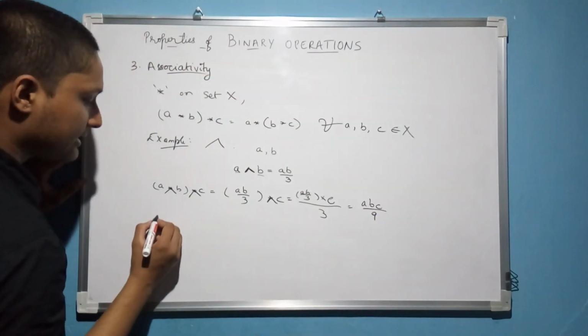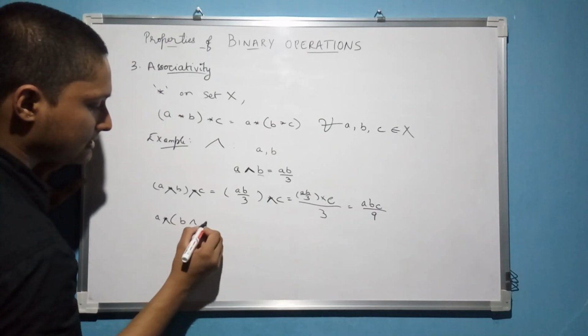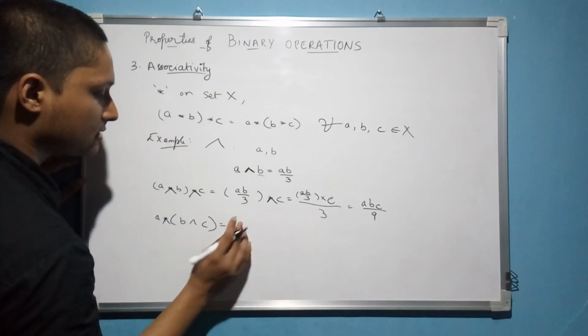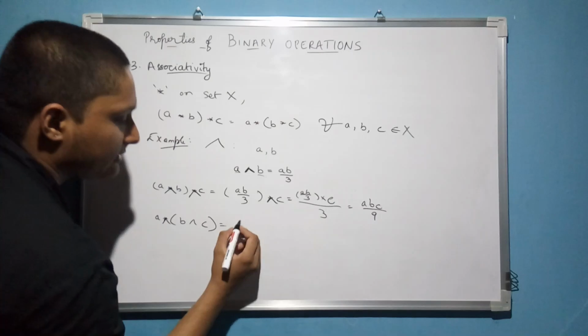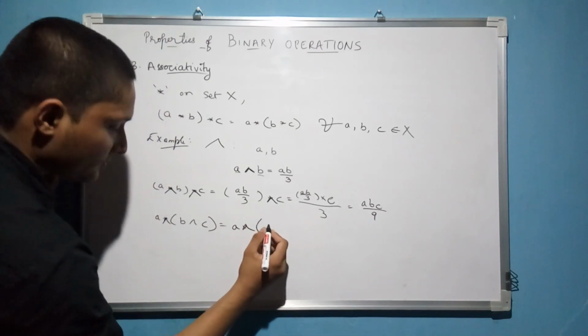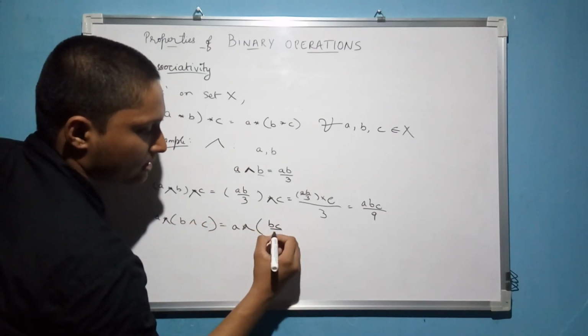Let me calculate the RHS quickly. First go inside the bracket: B star C comes to be BC by 3.